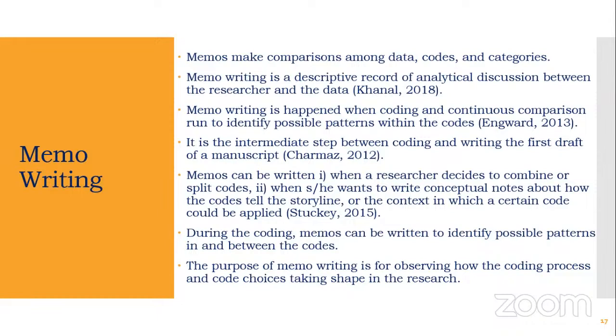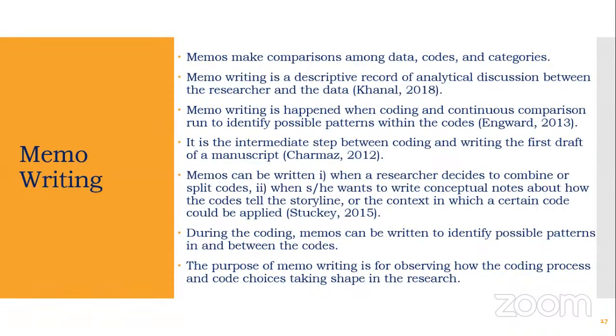It can be written when a researcher decides to combine or split codes, or wants to write conceptual notes about how the codes tell the storyline, or the context in which a certain code could be applied. These are notes of the researcher to himself or herself about the codes which are developed.